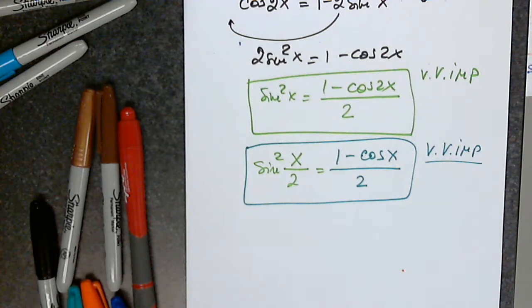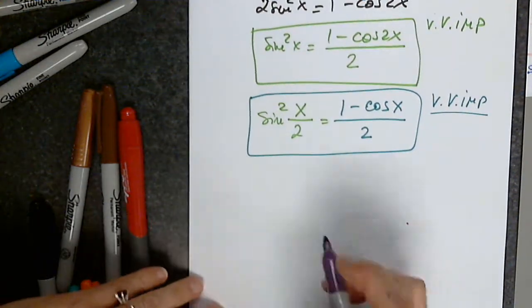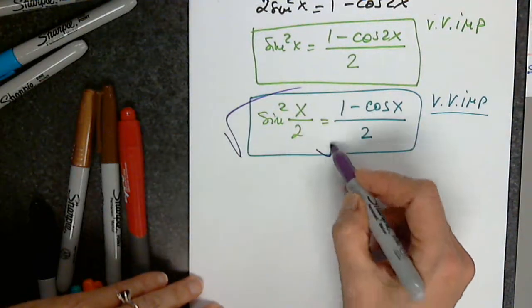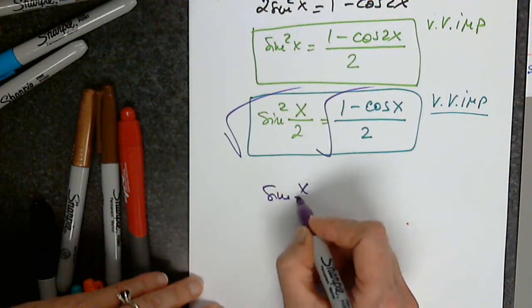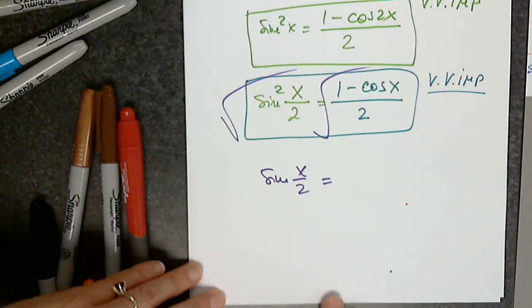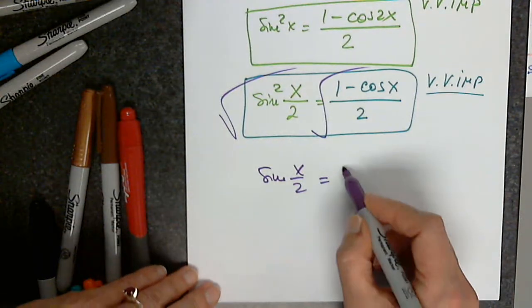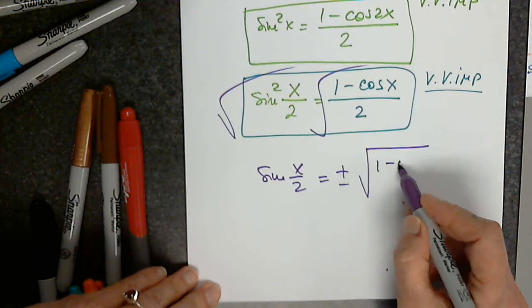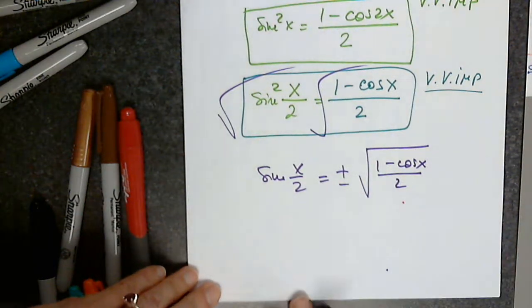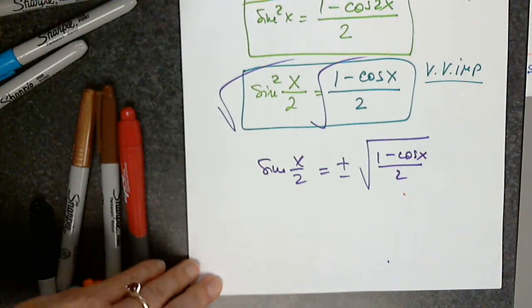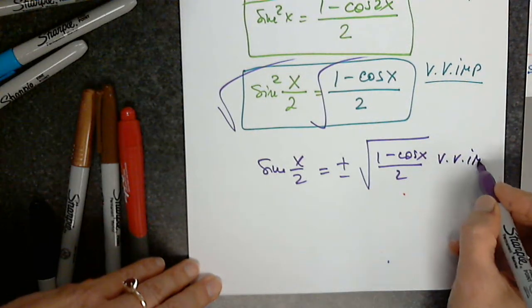And you can say, well, wait a minute, it's sine squared. Oh, okay, I'm going to take the square root from both sides and get sine. When I take the square root from both sides, I have sine x over 2, and what do I have on the other side? Mandatory, there is something I cannot forget: plus or minus. Very, very important.